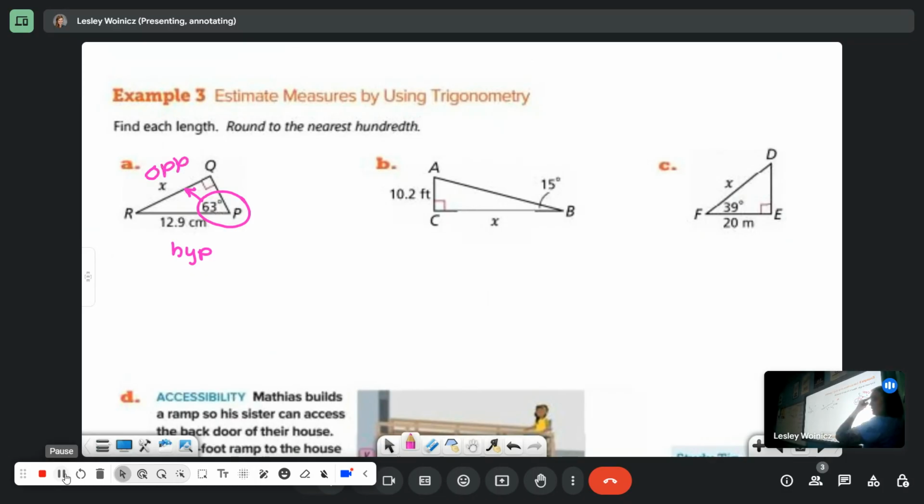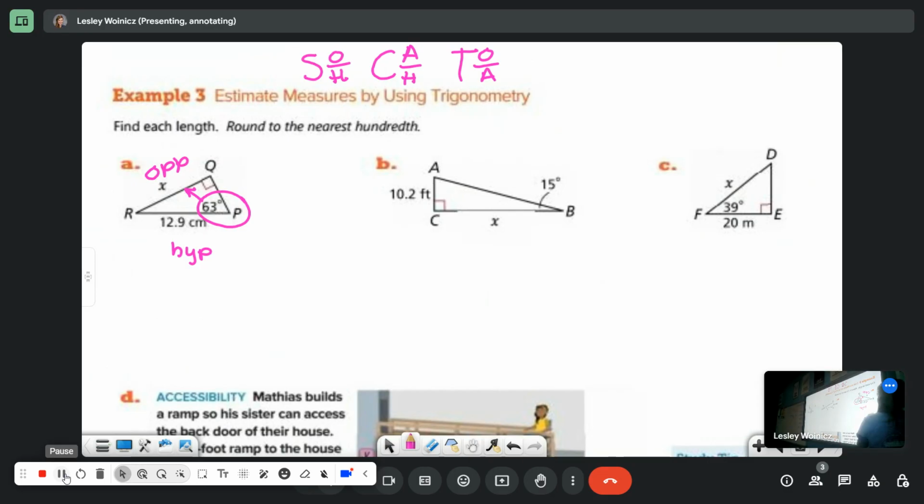Okay, so then I think using sine opposite over hypotenuse, cosine adjacent over hypotenuse, and tangent opposite over adjacent, which of my ratios compares the opposite and hypotenuse? Sine. So the information in my problem tells me which of the ratios to use.